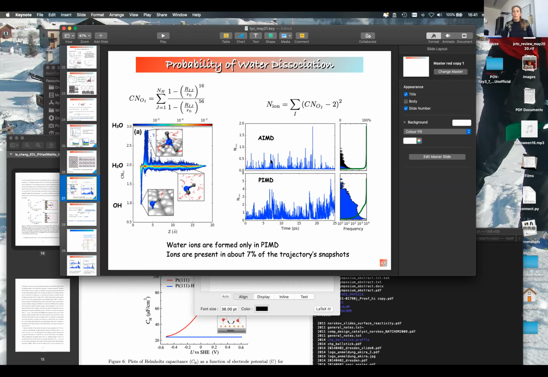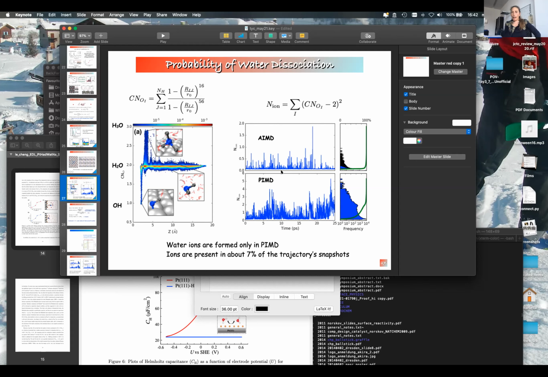It is due to the quantum effects, because we don't see this if we just do BOMD. Okay, I understand what you mean. So if you have the same interface but without quantum effects, you don't see it, right? Right, yes. I can reformulate: is it the accuracy of the way you treat the nuclear quantum effect, or a combined effect of the interface plus the nuclear quantum effects?